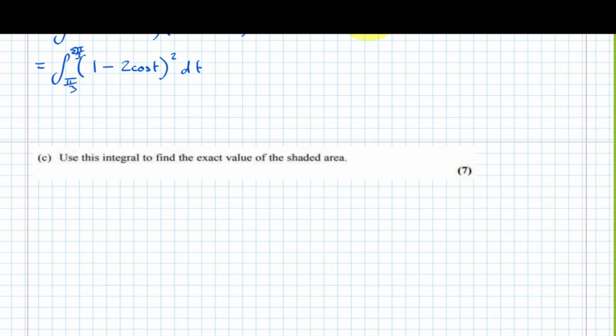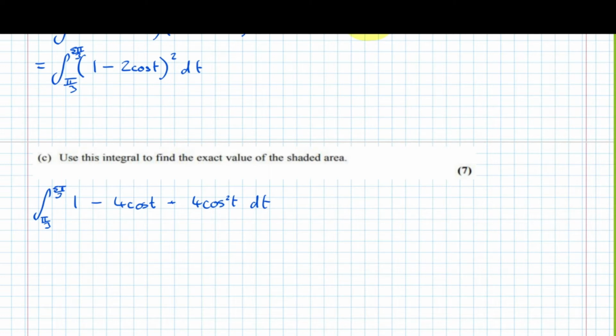Matiana, yeah, certainly do. So that becomes the integral between 5/3 pi and pi over 3. So expanding the bracket, we get 1 minus 4 cos t plus 4 cos squared t dt.